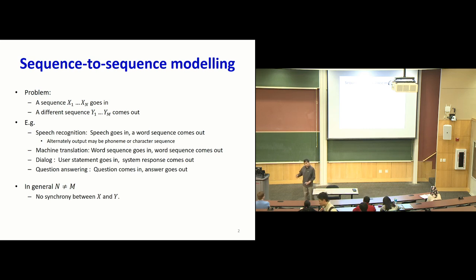This means that there is no one-to-one correspondence between the number of symbols in the input and the number of symbols in the output. In other words, you cannot assume any kind of synchrony between the input and the output. We have various problems which require this kind of model.